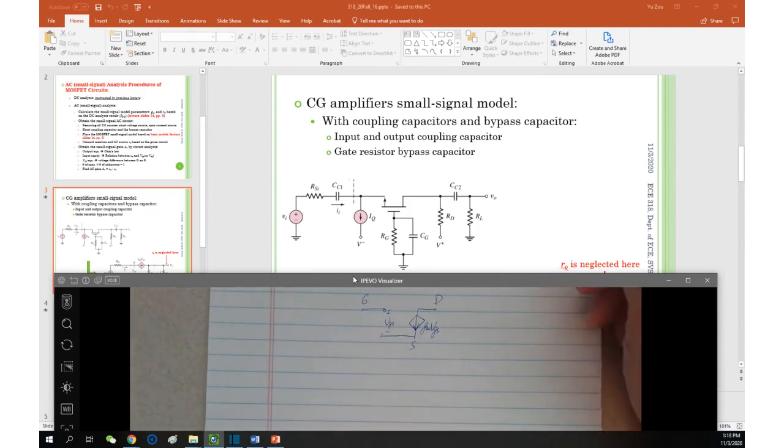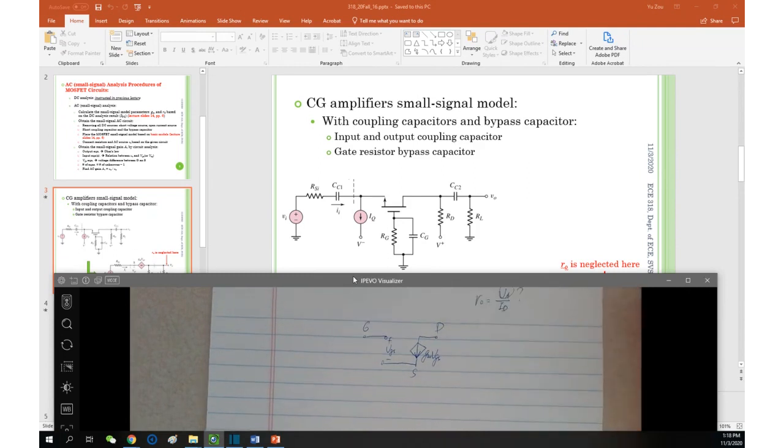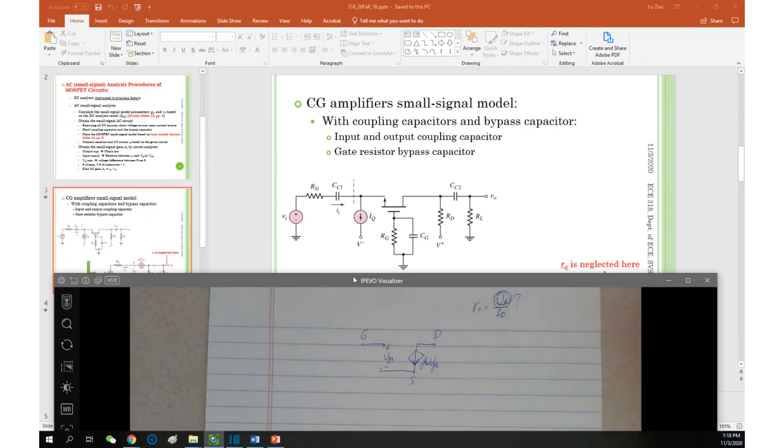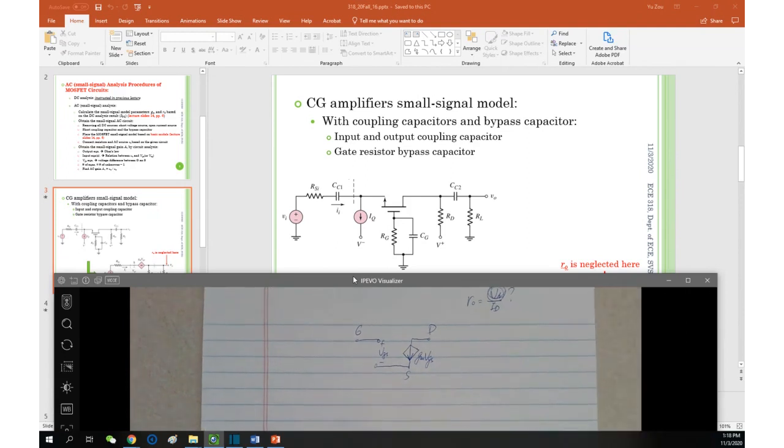If VA is infinity, then r0 is infinity, which means open circuit, so you don't need to involve r0. If VA is finite, you need to involve this finite r0 as well. It all depends on the given VA value. This is how we take care of the small signal model of the transistor.